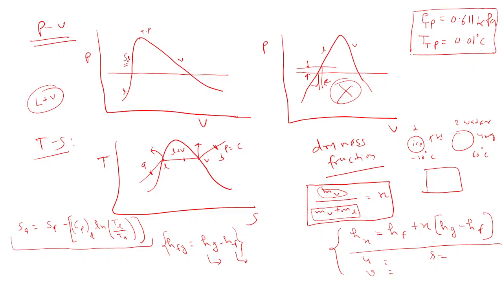So when we draw the triple point line here, pressure is constant at 0.611 kPa. How would this line be drawn? Like this way, right?